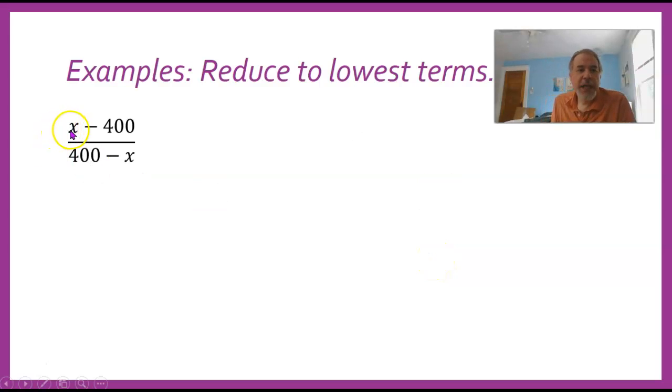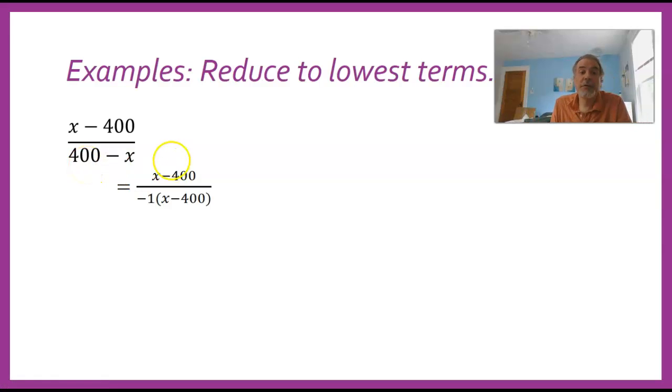What about this? x minus 400 over 400 minus x. Are those the same thing? Well, not quite. With subtraction, the order does matter. If we switch the order, it's not really the same thing anymore, but here's what we can do. We can take one of these and factor out a -1. -1 times x minus 400. You'd have your -1 times x, that's your negative x. And you'd have your -1 times your negative 400, so that gives you your positive 400.